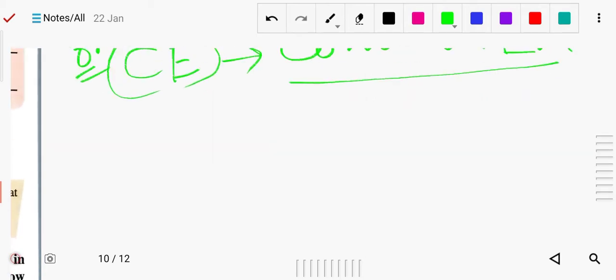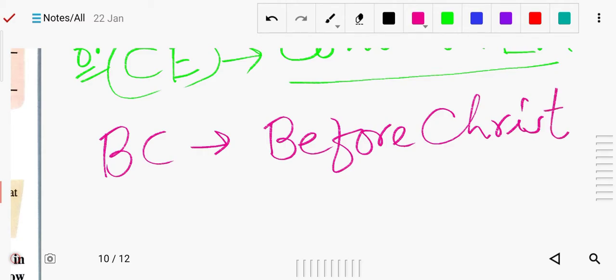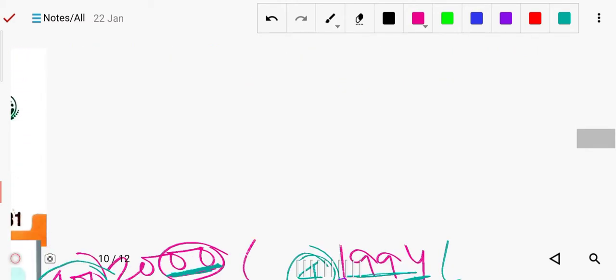Now next we have BC. This BC stands for before Christ, which means before the birth of Christ. So how can you differentiate?